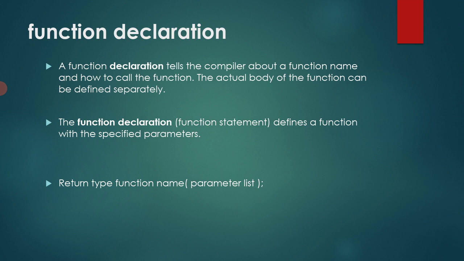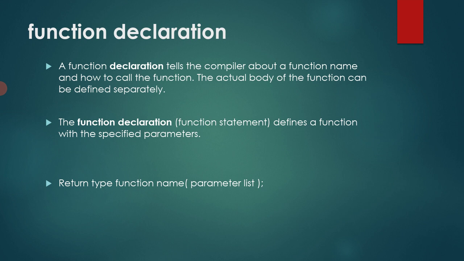Function declaration tells the compiler about a function name. In this way, we can tell the compiler the name of the function and how to call the function. And the actual body of the function can be defined separately. So you have to define the body separately. Definition is different, declaration is different.